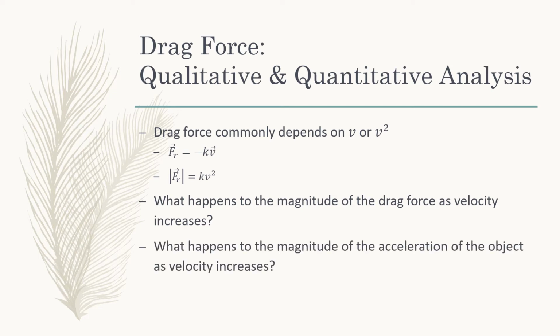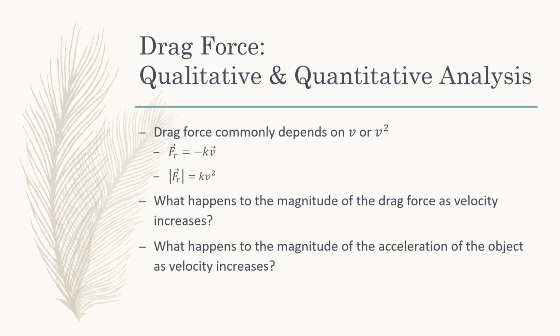Also, then thinking about what happens to the magnitude of the acceleration of the object as the velocity increases. Well, the acceleration would be kind of negatively affected by this drag force.